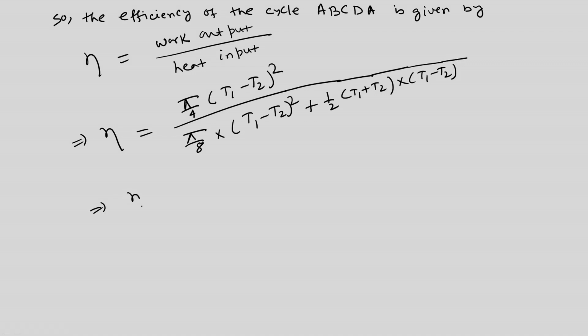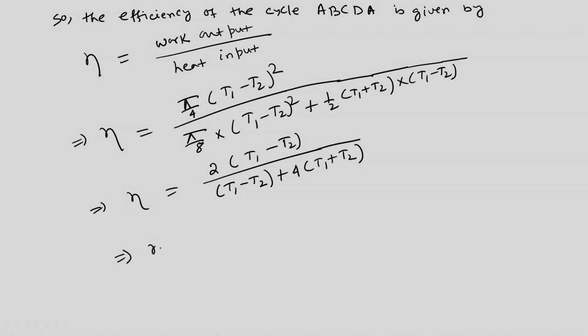So, you get eta is twice (T1 minus T2) by [(T1 minus T2) plus 4 (T1 plus T2)].